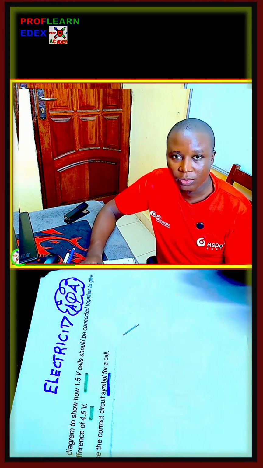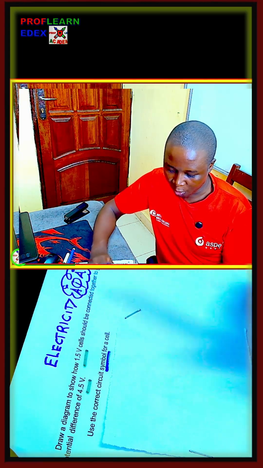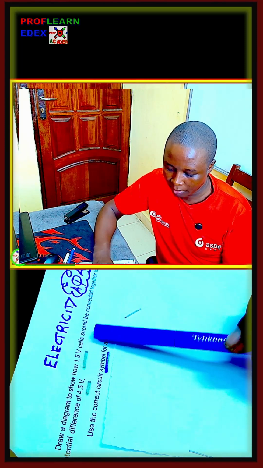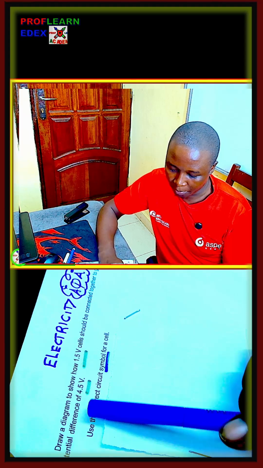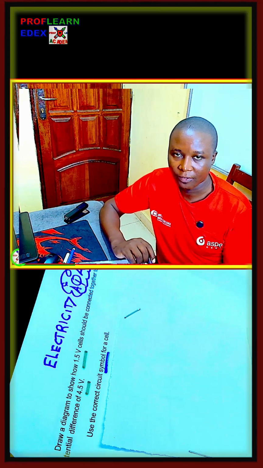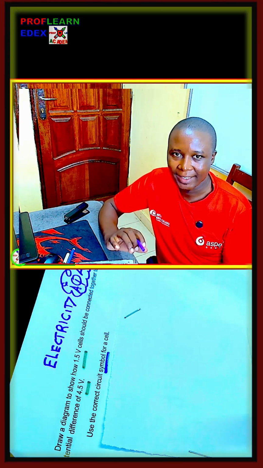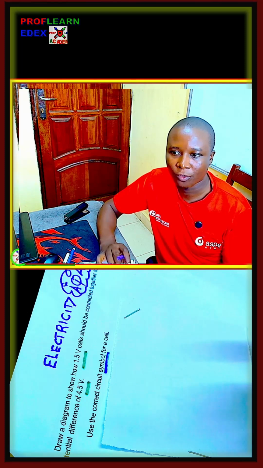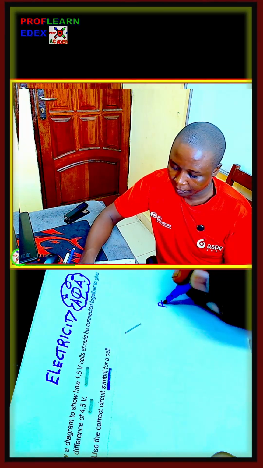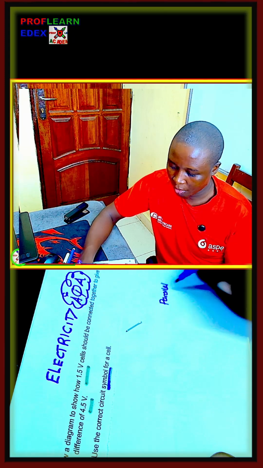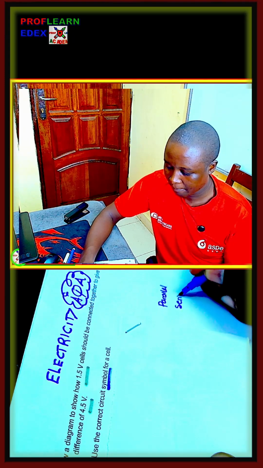So the first question that we are asked here is to draw a diagram to show how 1.5 volt cells should be connected in order to give a potential difference of 4.5 volts. You need to understand that we have two types of connections, parallel and series.